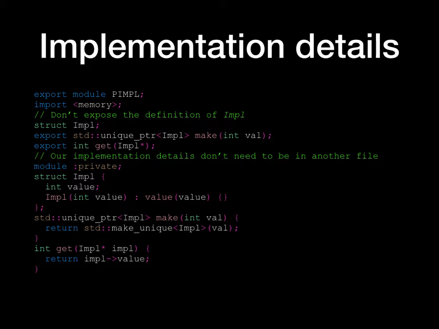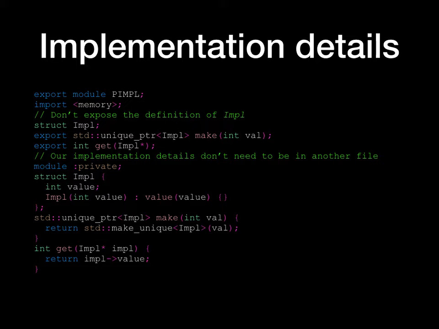So in the first part, we have two declarations for functions and our forward declaration for our struct Impl. And in the second part, we actually have the implementation for Impl and for the underlying implementations of the functions as well.